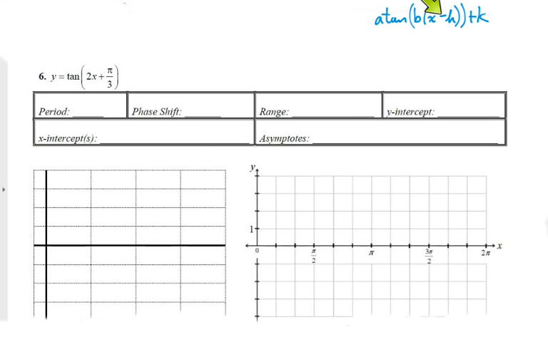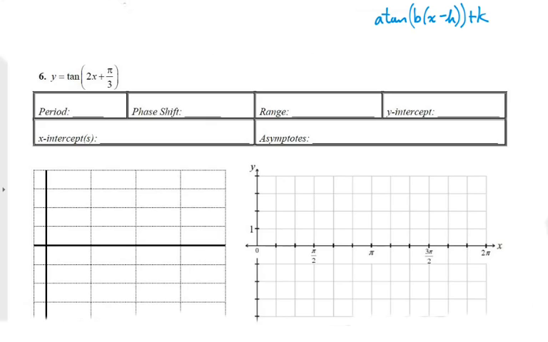It's also known as a phase shift. And the k moves the function up and down. That's a vertical shift. The b changes the period of the function, and the a usually is what changes the amplitude, but tangent doesn't have an amplitude, but a still does change the function. And I could talk about that once we graph the points.